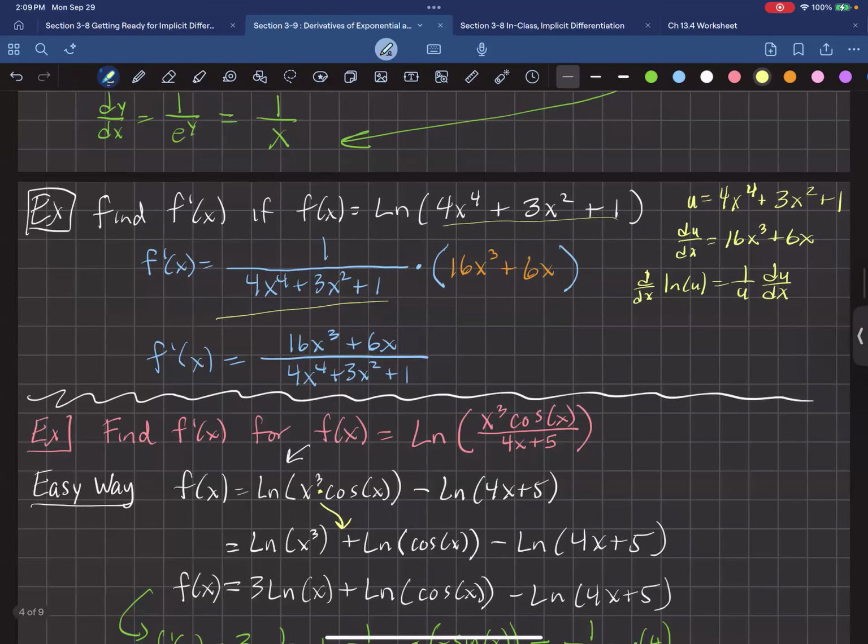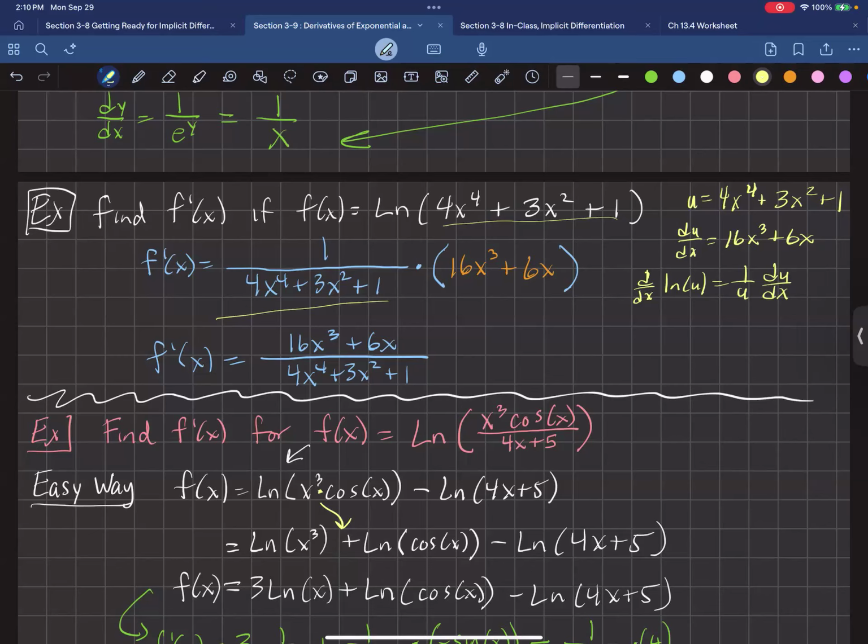Then another property is if y equals ln of x to the n, then y equals n ln of x. You bring exponents down, so I brought the 3 down. We have f of x equals 3 times the natural log of x plus natural log of cosine x minus natural log of 4x plus 5. This is as simple as it gets.